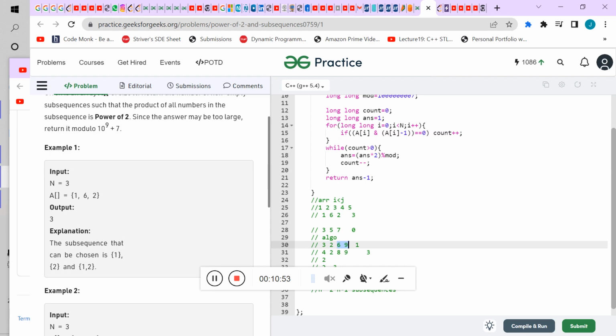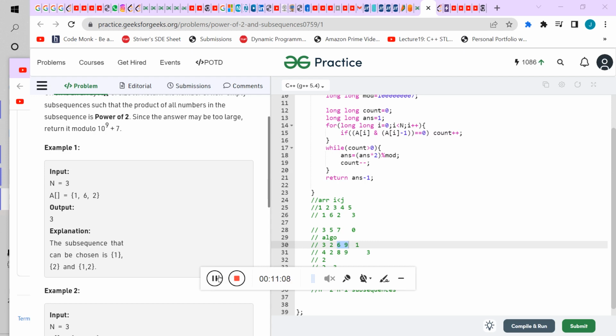I have told you earlier that to satisfy this condition for a subsequence, you must know one thing only, right?